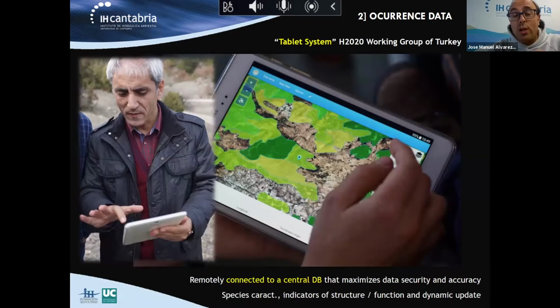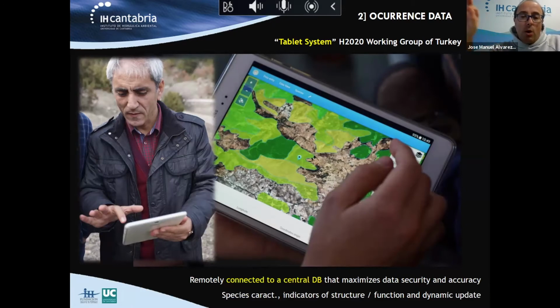Another issue is how to collect the information. Typically, this information is just written down in notebooks, and when we arrive at our places, we transfer the point from the GPS. Maybe we have a different datum from the WGS, which is the original one of the GPS. So we are accumulating errors.